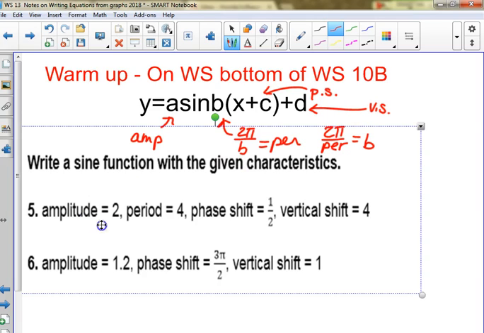Good job. Okay. So what's number 5 going to say? Y equals? We don't put a 4 in there. We put what?